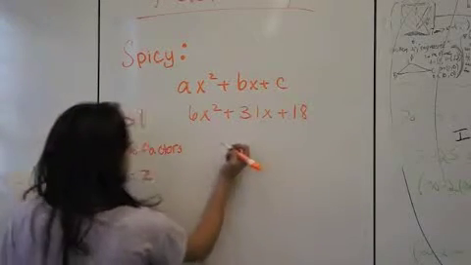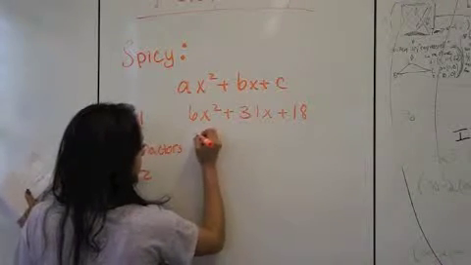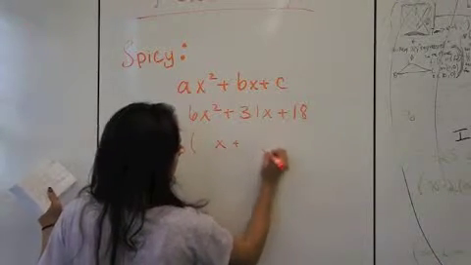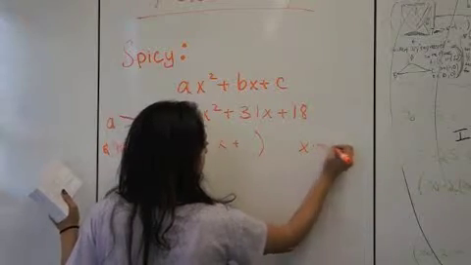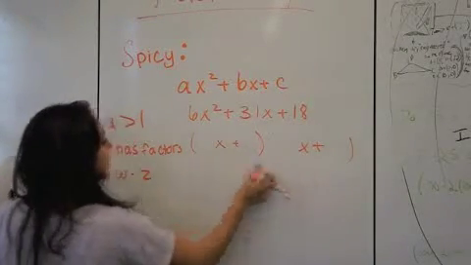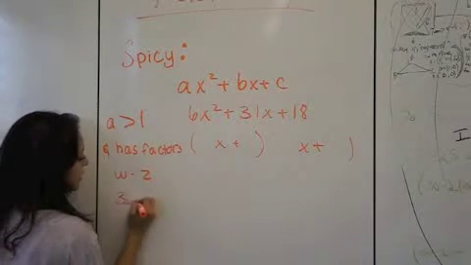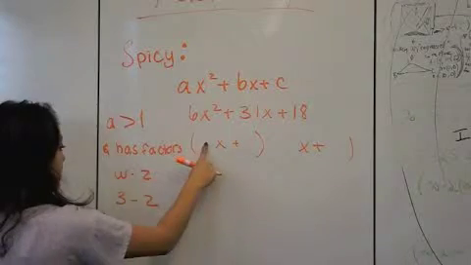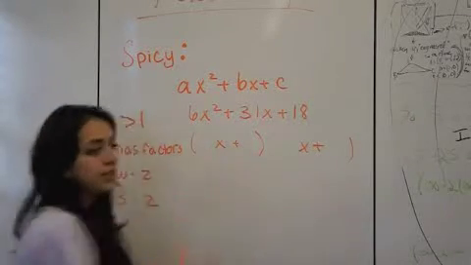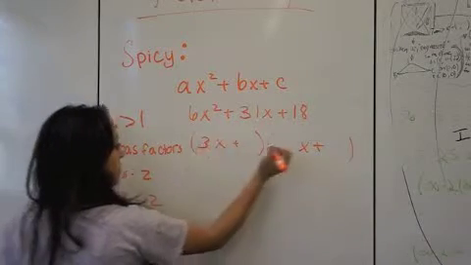It's going to be the same structure as last time. This time, we have to fill in the factors. So the factors of 6 would be 3 and 2. And this is what is going to be called w and z. If you look at the cheat sheet, that's what it represents, the factors. So 3 and 2.